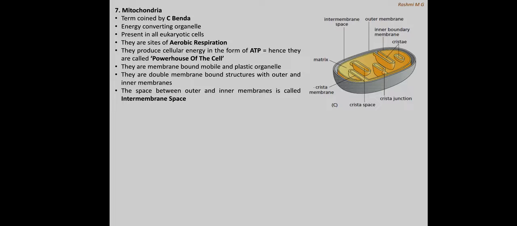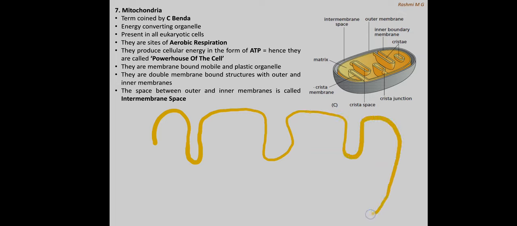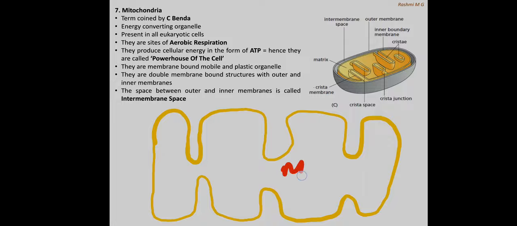There are two faces of this membrane. Imagine, I'll write only the inner membrane here. This is the inner membrane, and it has two faces or two sides: the N side and the P side. The middle portion is the matrix side.